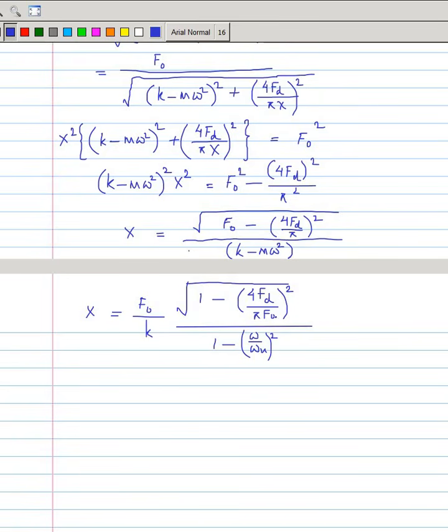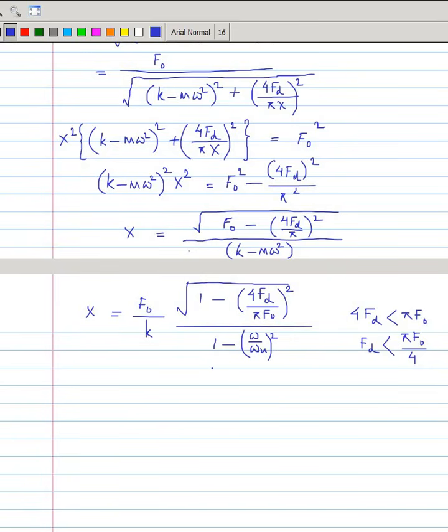That means 4 Fd by pi F0 has to be less than 1, or 4 Fd has to be less than pi F0, or Fd has to be less than pi F0 by 4, otherwise motion is not possible.